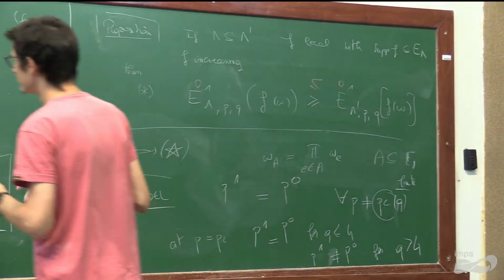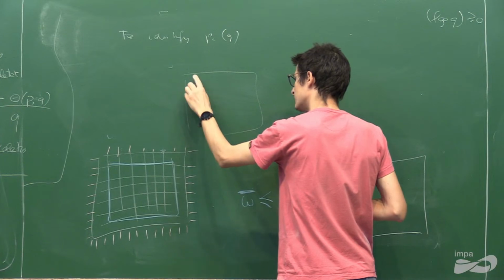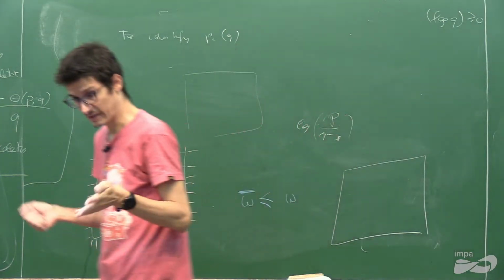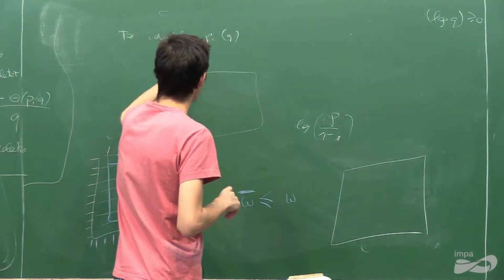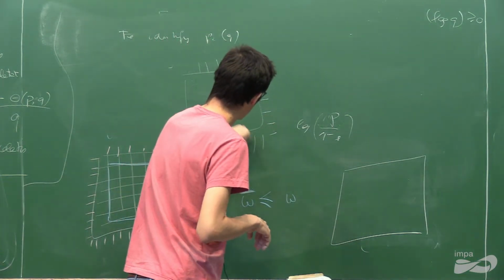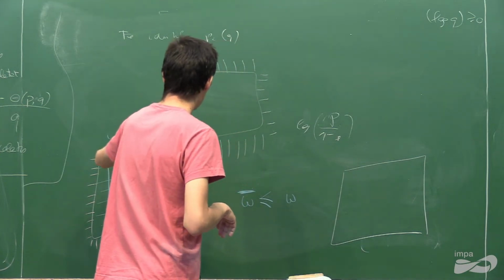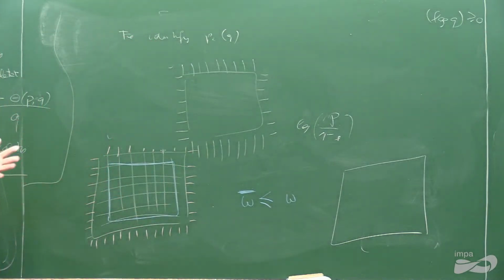Okay, so when you're looking at FK percolation, you can always look at the dual process, which is still a percolation process. The dual process lives on the dual graph. Of course, if you take one boundary condition, the dual process will have 0 boundary condition because all the corresponding dual edges will be closed.